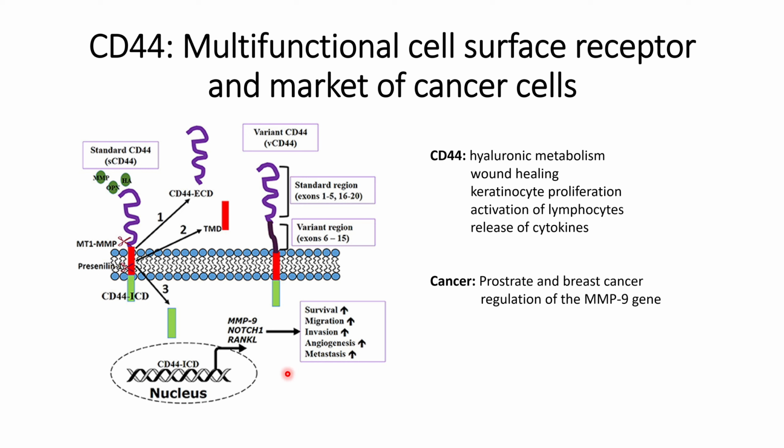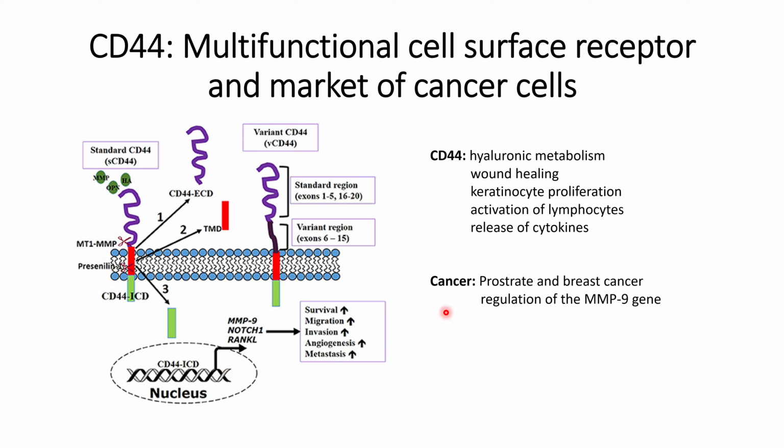However, in cancerous cells, what happens is that this CD44 intracellular domain binds to the transcription factors, and that results in epigenetic changes in such a way that most of the essential survival genes' transcription gets affected, and the genes that contribute towards cancer get enhanced.